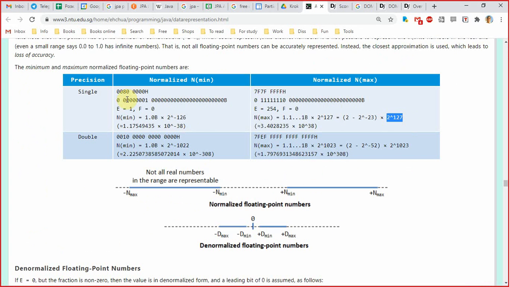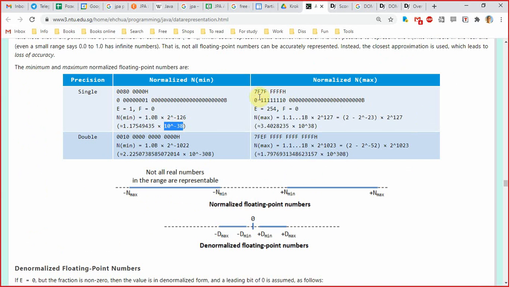The smallest number is 2 to the power minus 126, and it is approximately 10 to the power minus 38, or 37, depending on the rounding.